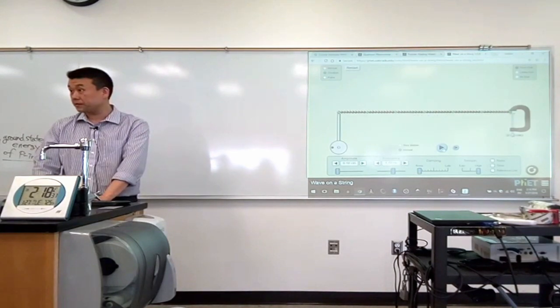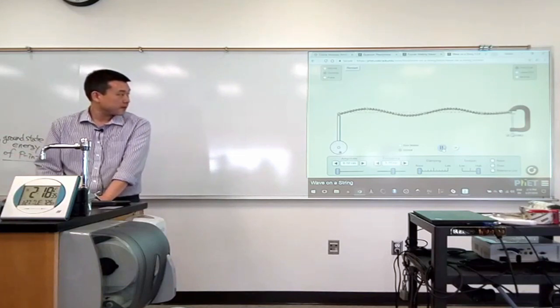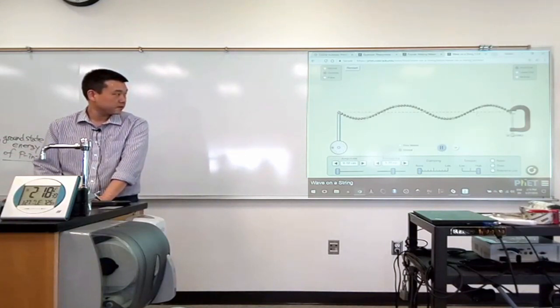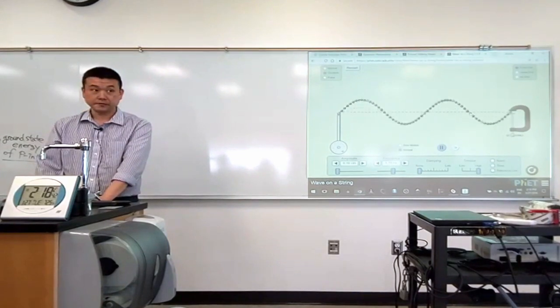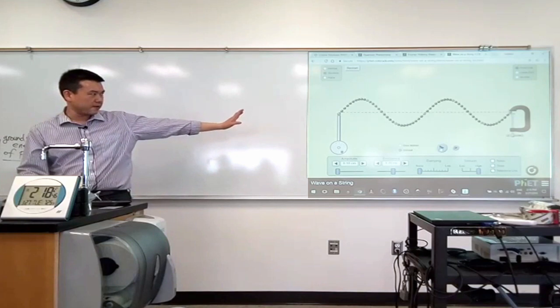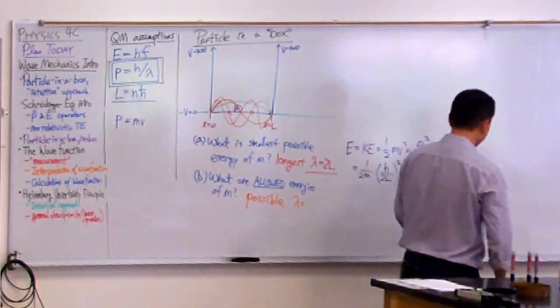So we had 2 nodes before, right? So with this one, we should see 3 nodes in between. So node here, here, and here. Okay? And I can keep going, but I hope by now everyone has a mental image of this standing wave.